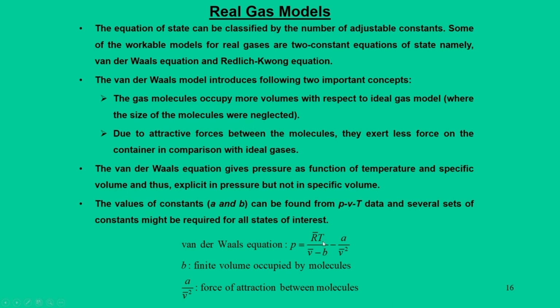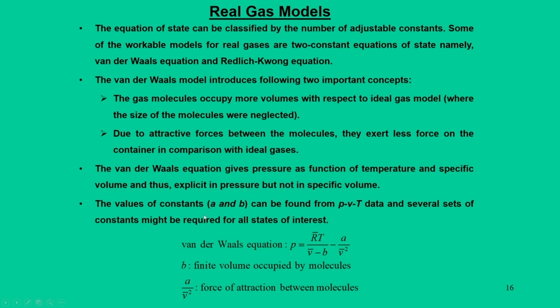P is equal to R bar T divided by V bar minus B, minus A by V bar square. If you look at this equation, the parameter B takes care of the finite volume occupied by the molecules, and the term A by V bar square says the pressure, which would be higher for an ideal gas, gets reduced by an amount A by V bar square.